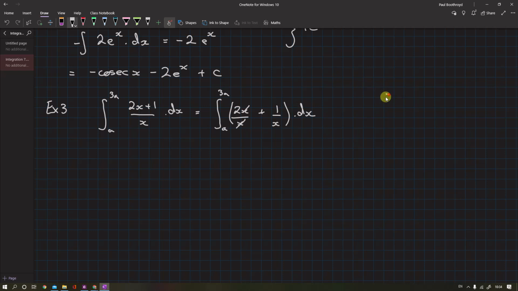Okay, so differential of log x is 1 over x. So we integrate these, and we get 2x divided by 1, and we get a log x.